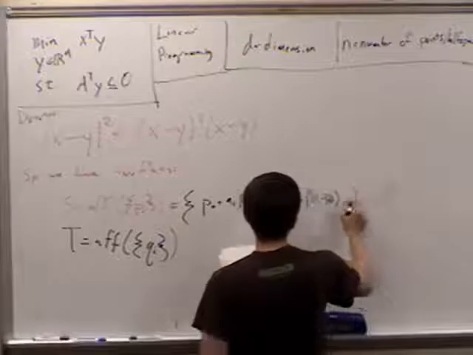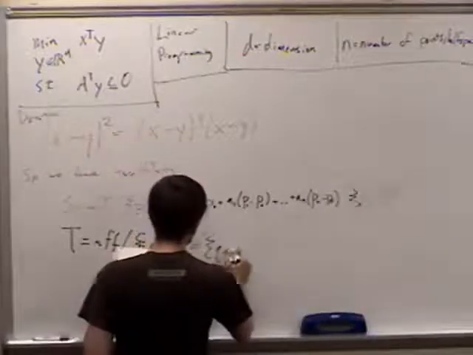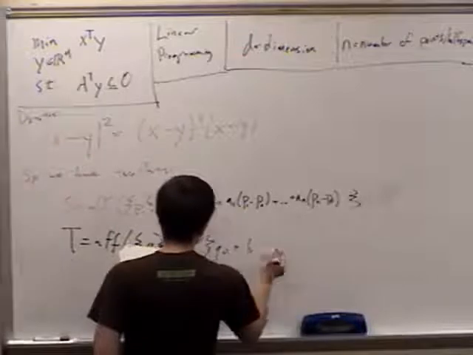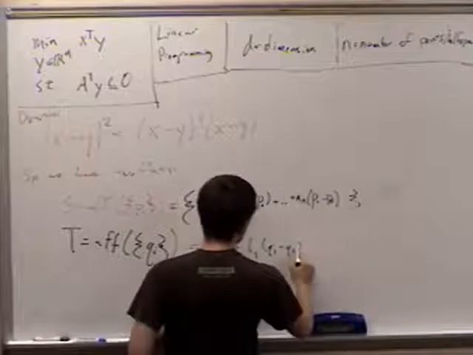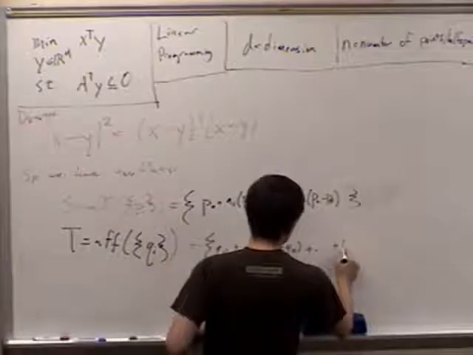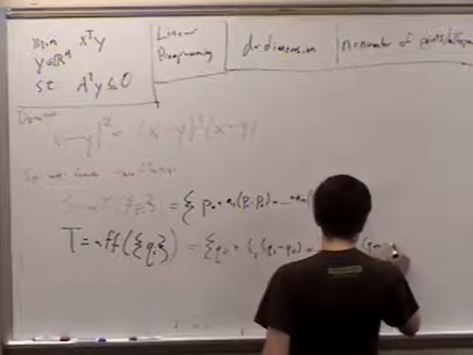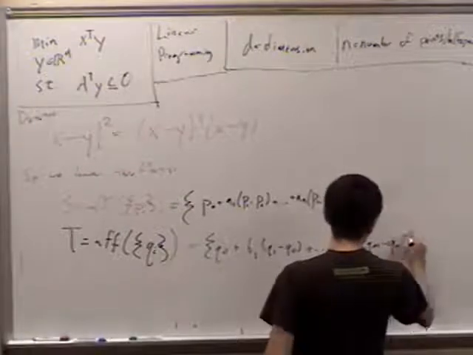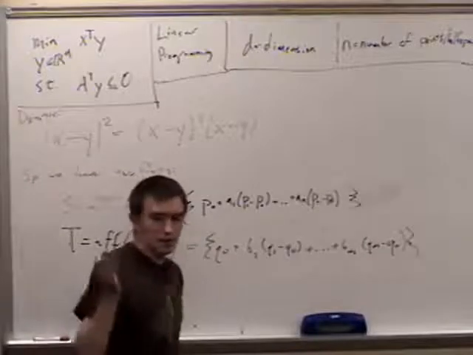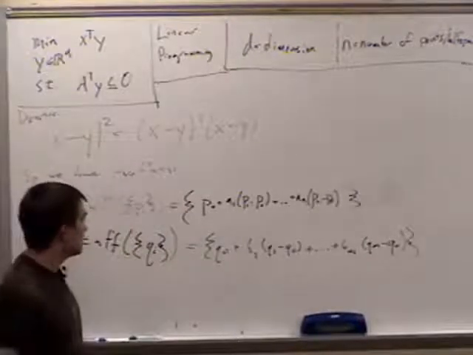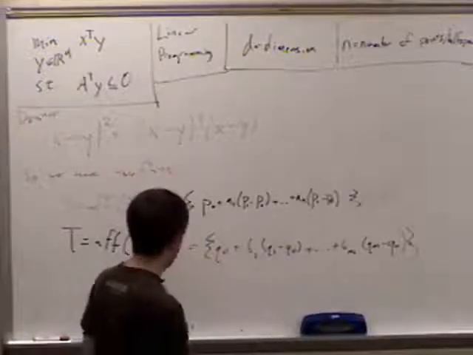This is just affine space. And T would be the set Q0 plus, let's call these B1 (Q1 minus Q0), etc., plus Bm (Qm minus Q0). So these are just two flats. We can imagine that they're like lines or whatever, just in some d-dimensional affine coordinate system.